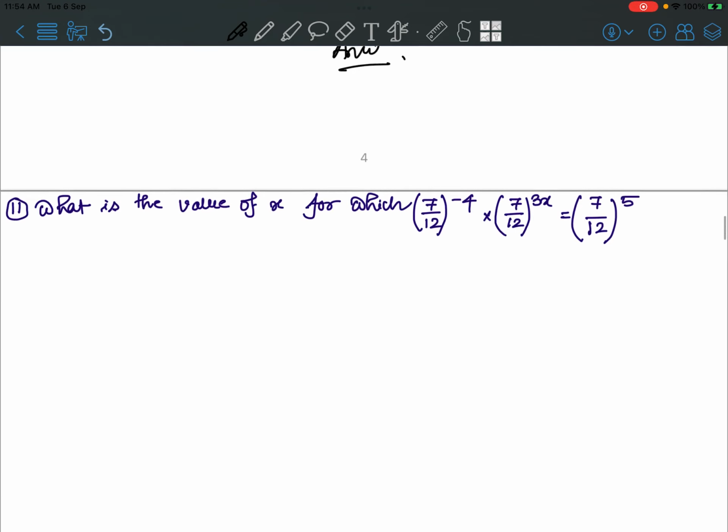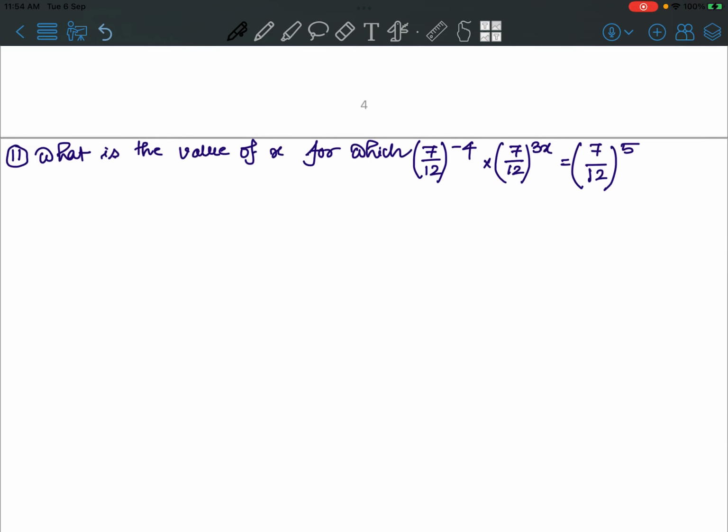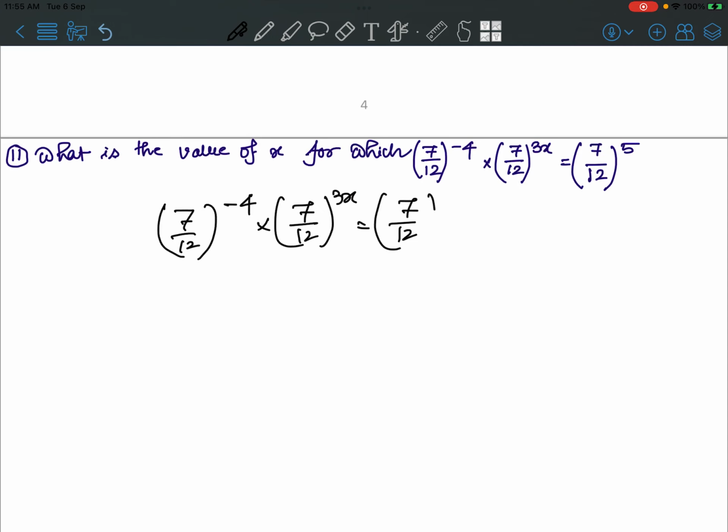Now the next problem is, what is the value of x for which (7/12)^-4 into (7/12)^(3x) equals (7/12)^5?